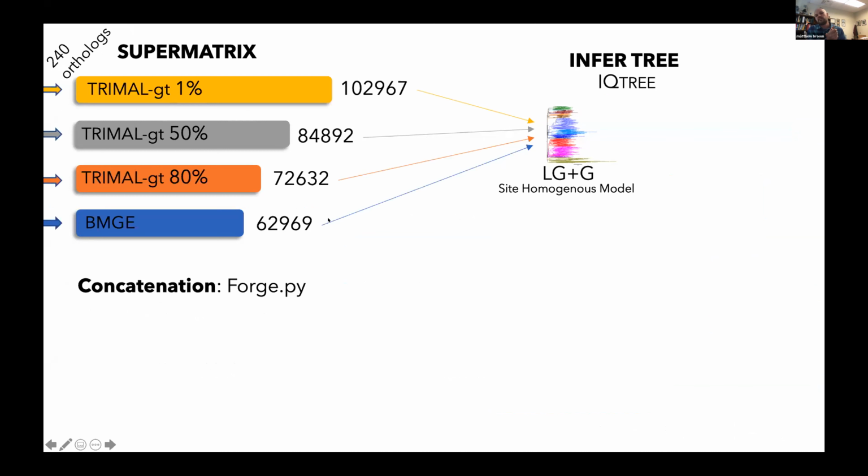So what we have done in the past, and I think a lot of us have done this, is that we just infer a really quick tree through a site homogeneous model, where there is one single empirical amino acid substitution model for the entire matrix.